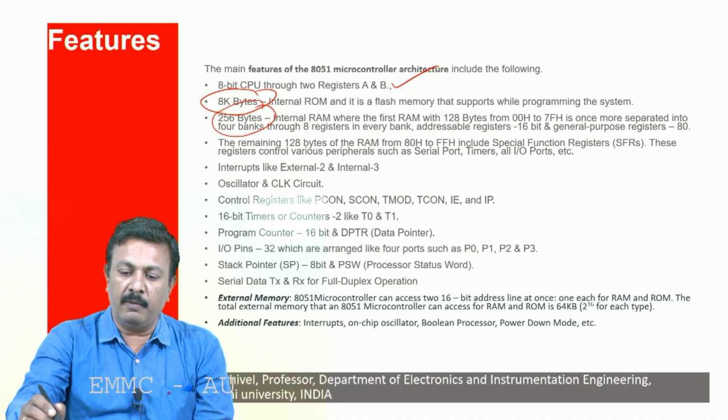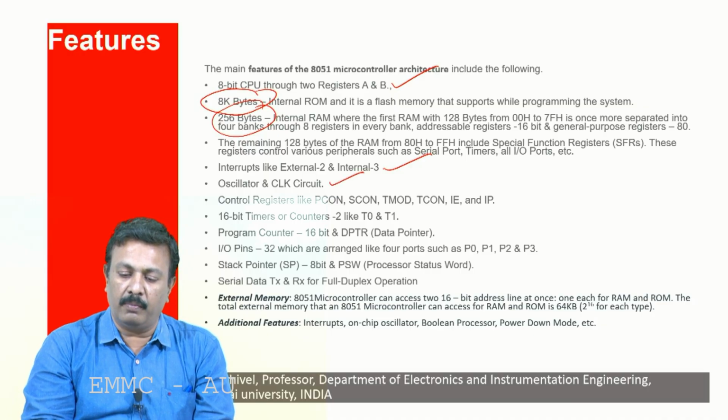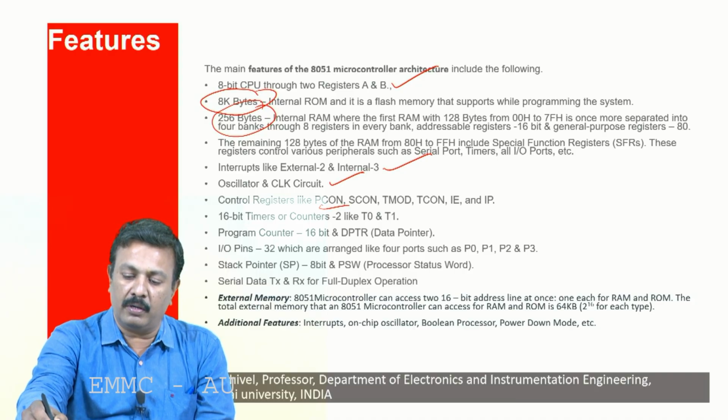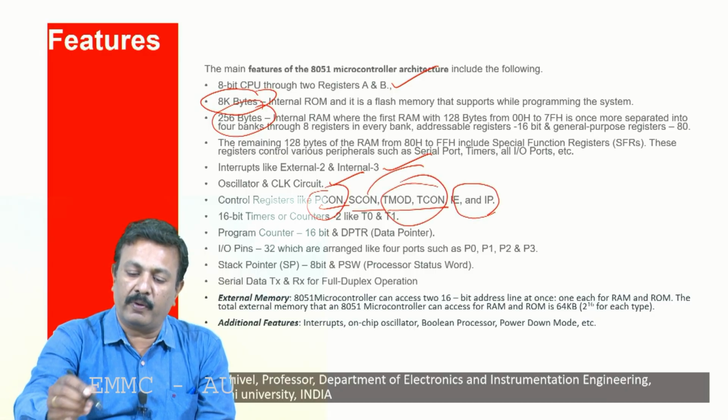Then internal and external interrupts are available, and oscillator and clock circuit are available, and control registers, that is special function registers, so many things are available. For example, PCON, SCON, TMOD, TCON, IE and IP. These are interrupt related, these are timer related, this is serial communication related, this is power control related.